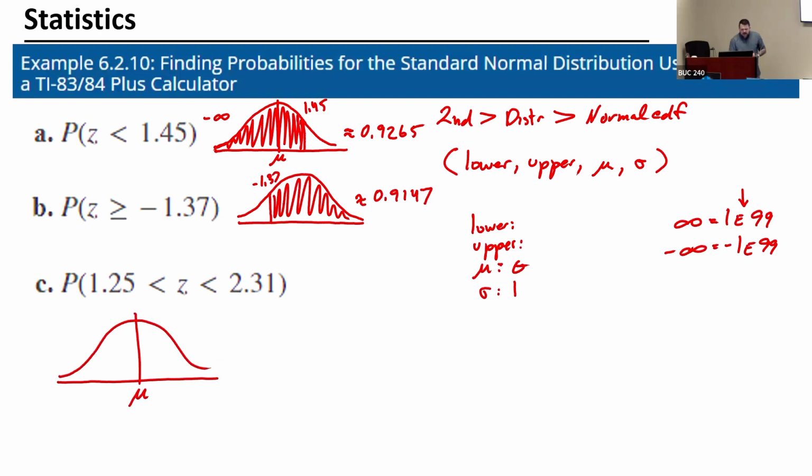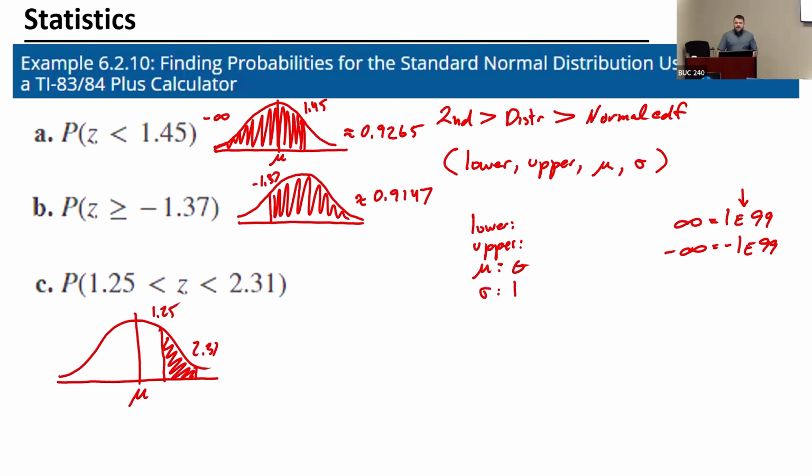I always draw my mean line, I'll be honest, because looking at those z-scores, it at least helps me know where to put my numbers. I know 1.25 is probably going to be right here, and 2.31 is roughly right about there. Is that exact? Not anywhere close, and I don't care. But it does tell me what I'm looking for, and that is bounded at 1.25 and 2.31.